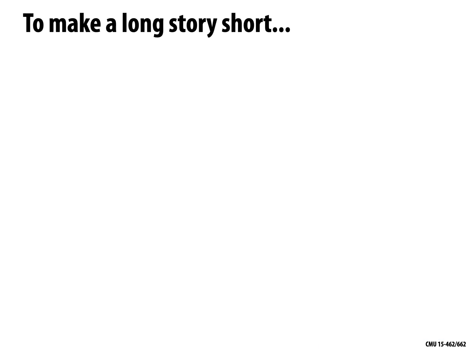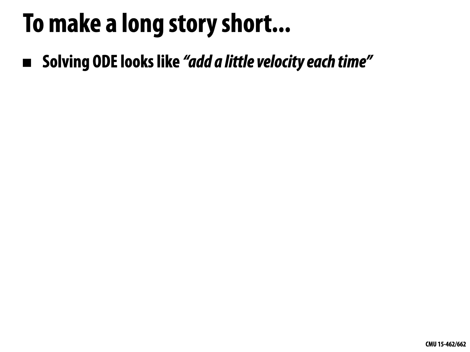Okay? So we're going to talk a lot about how this all works, but to make a long story short, we said the most basic strategy for solving an ODE is to add a little velocity at each time step. So if we have some current configuration q_k, and we know that the velocity at q is some function f of q, then we add just a little bit of that, tau, some small number tau times f of q, to get our new state q_{k+1}.